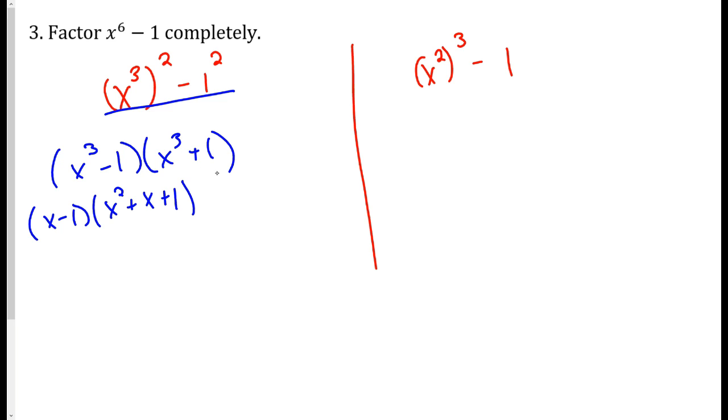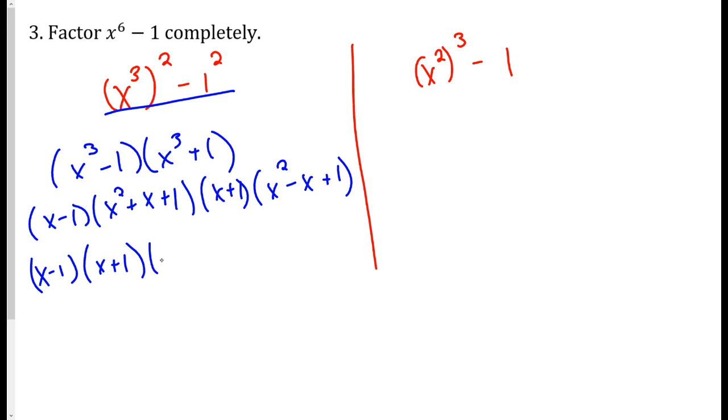And then x cubed plus 1 factors into x plus 1 times x squared minus x times 1, so just x, plus 1. So really, we get x minus 1 times x plus 1 times x squared plus x plus 1 times x squared minus x plus 1.